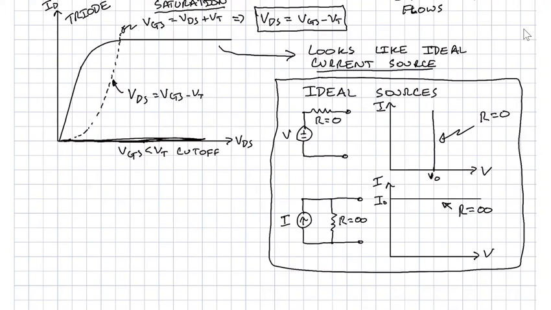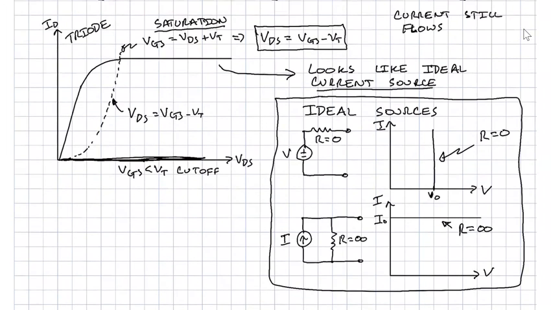So in the mode of saturation, we can identify that this part looks like an ideal current source. We have some current that's flowing, and it's dependent, we'll get to that in a second, on what the gate to source voltage is set to. That's how we control the level of the current. And it looks like an ideal current source in that the resistance is infinite.